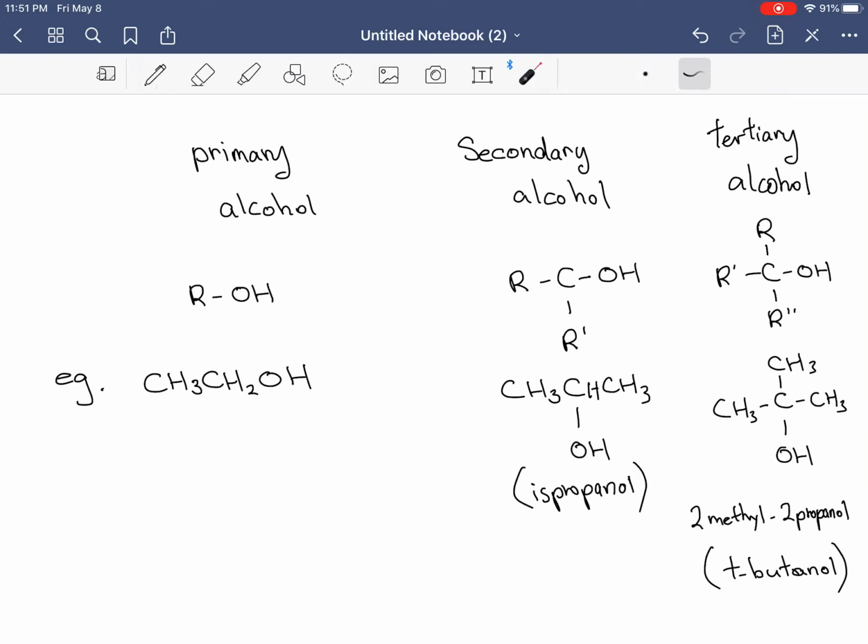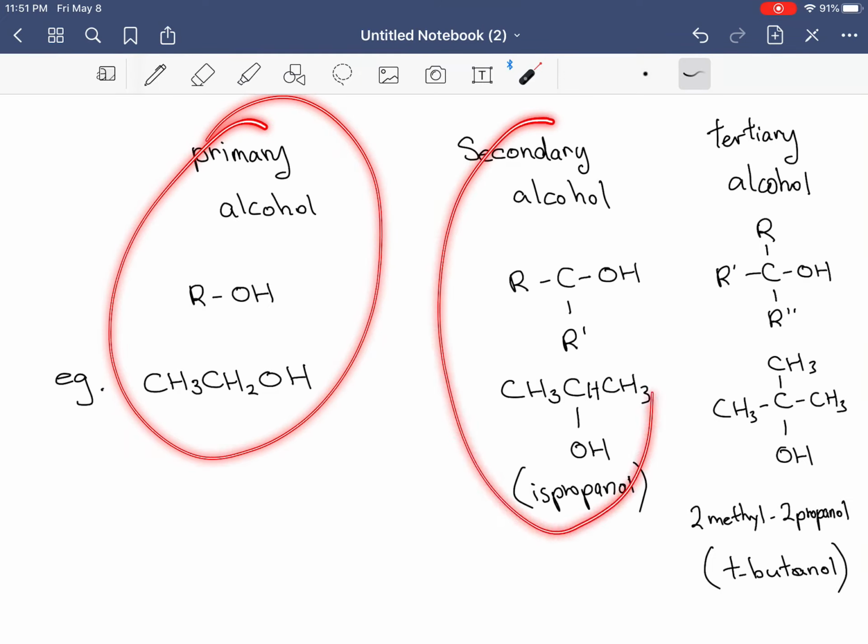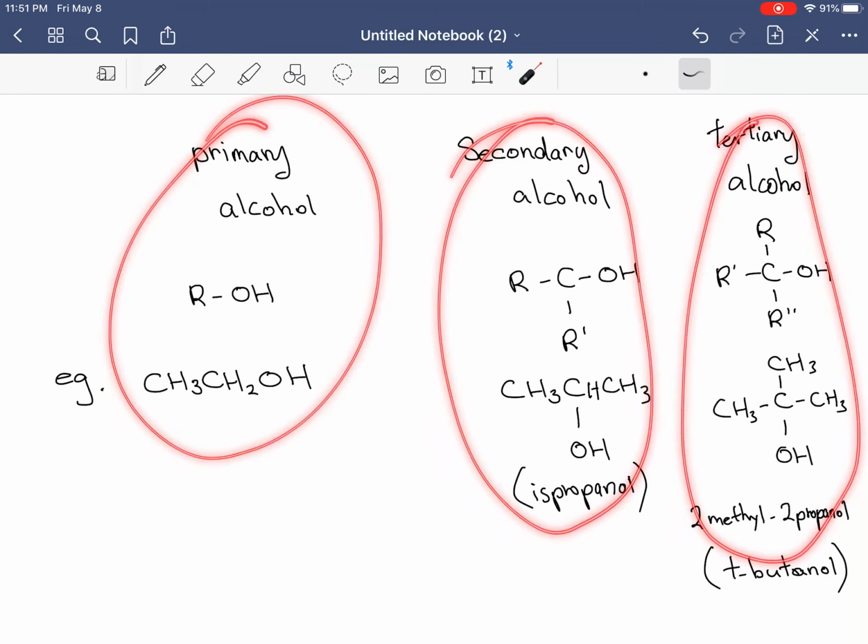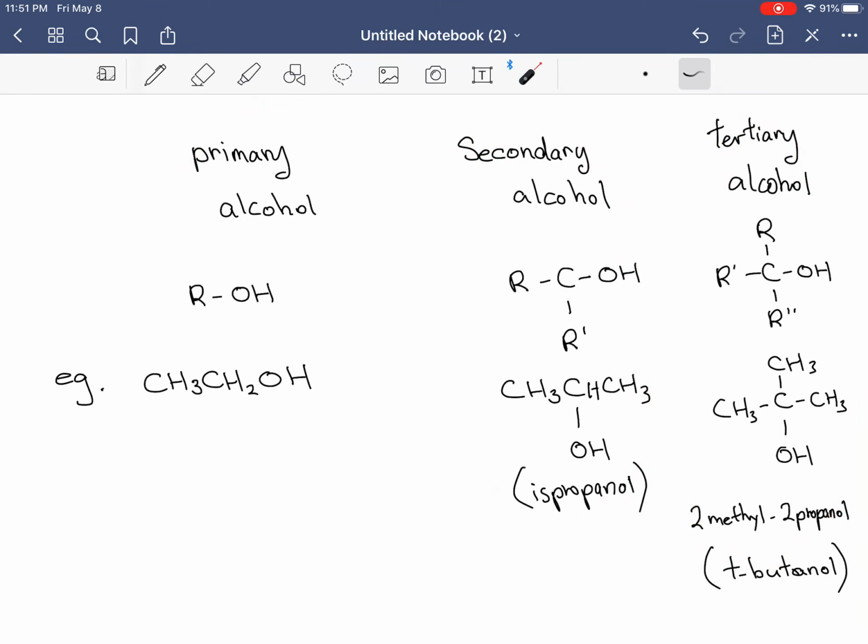Okay. So your primary alcohol, secondary alcohol, and tertiary alcohol is based on the carbon bonded to the OH, and how many other carbons it is also bonded to. Some students mistake primary, secondary, and tertiary alcohol as 1 carbon, 2 carbon, and 3 carbon, but it's not really just that.